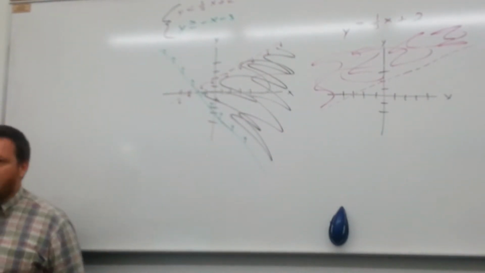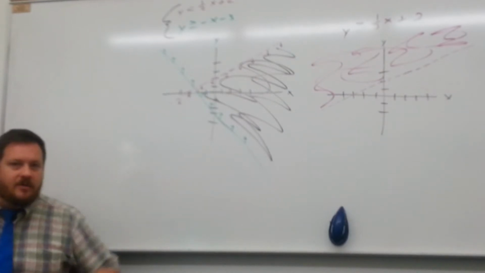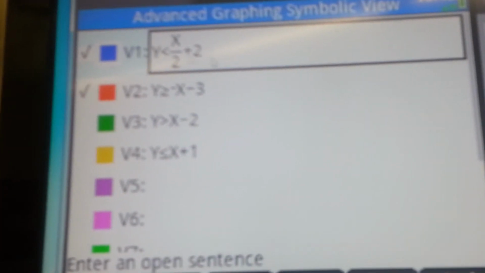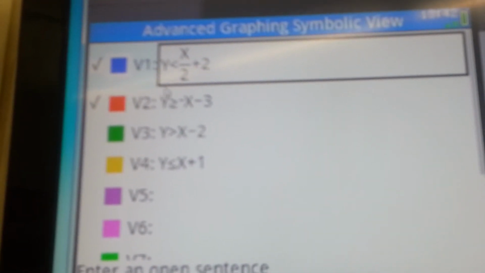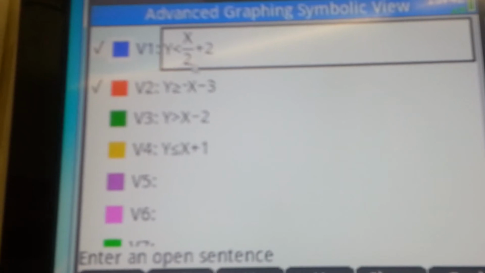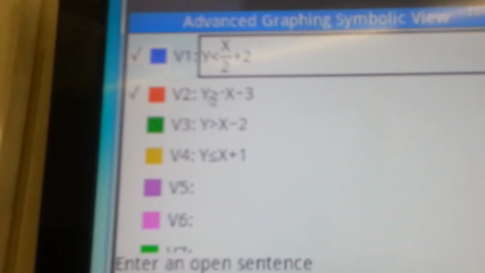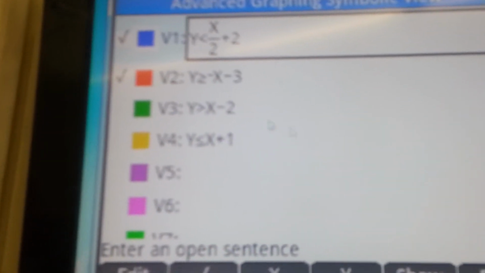And what I did just before you guys came into class is on my HP Prime calculator. Let's focus up on the TV screen. I've got these first two inequalities, the ones I just did on the board: y is less than 1/2 x plus 2, and y is greater than or equal to negative x plus 3.